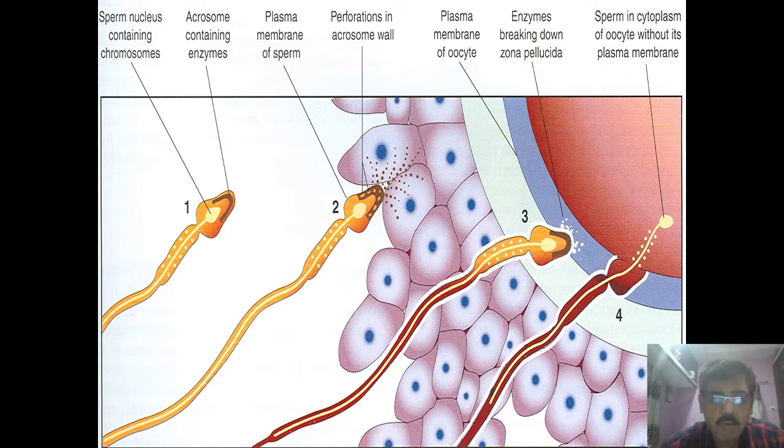What are the steps during the fertilization? The sperm nucleus contains the haploid set of chromosomes, and the acrosome contains the enzyme.